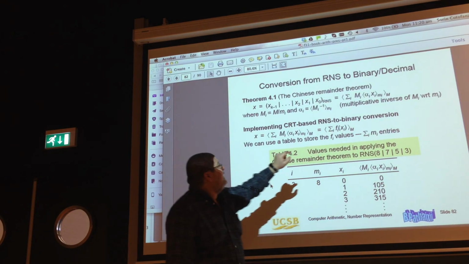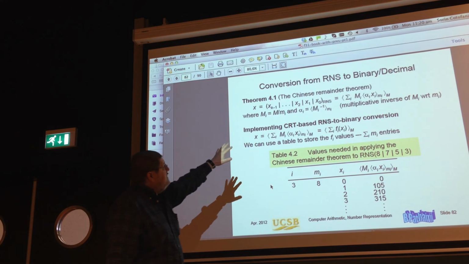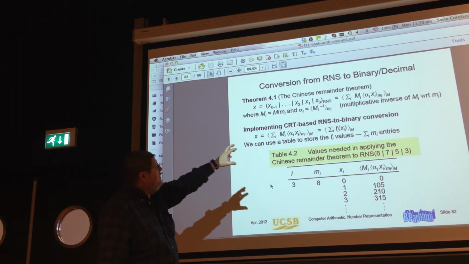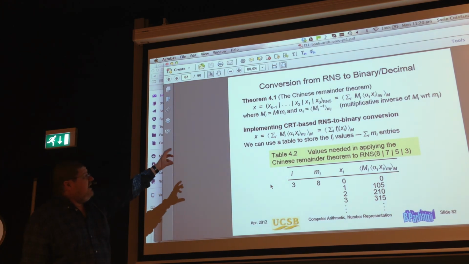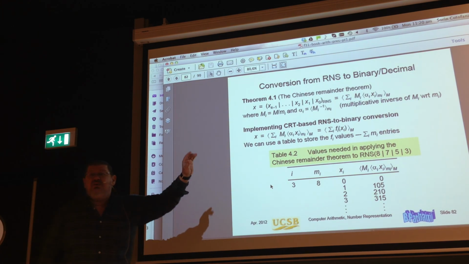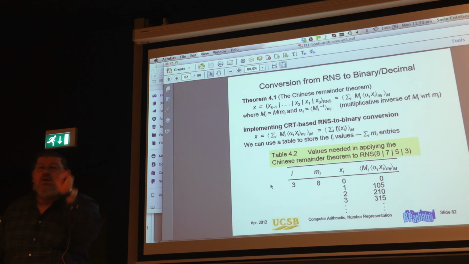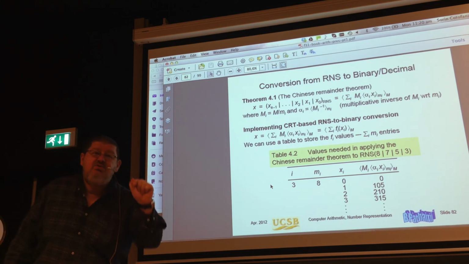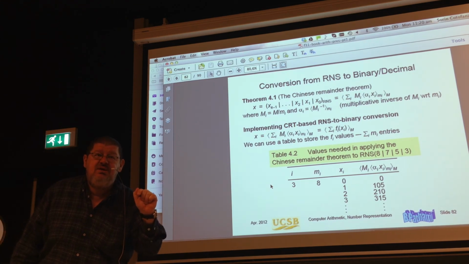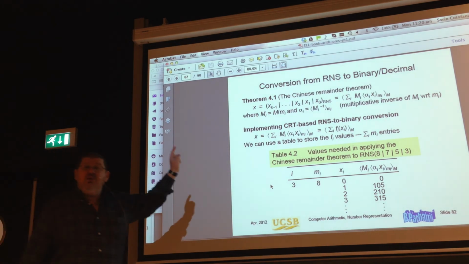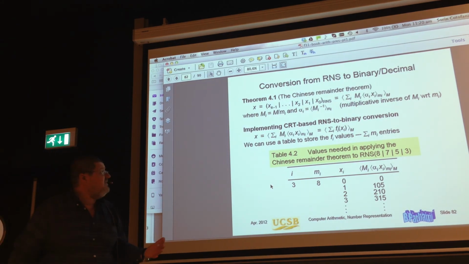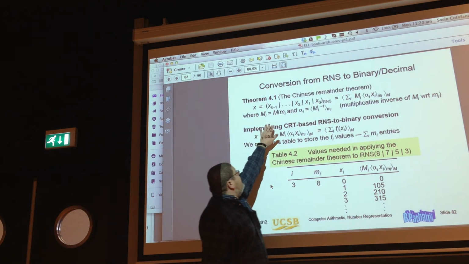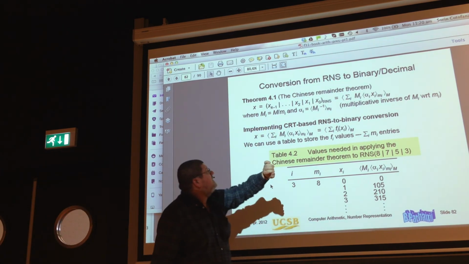Now, essentially you compute a sum where you have to compute MI, capital MI, which is now the product of all the moduli but the modulus in the current position. Do I have to compute it online? No, because this is fixed. My system is fixed, so this can be computed beforehand.